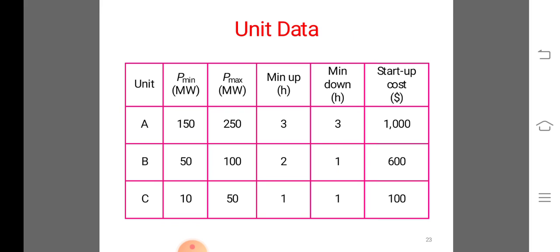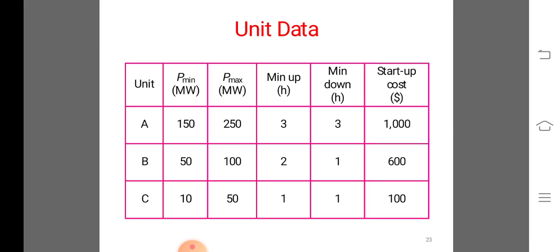The priority list of example 5b could be obtained in a much simpler manner by noting the full load average production cost of each unit, where the full load average production cost is simply the net heat rate at full load multiplied by the fuel cost.